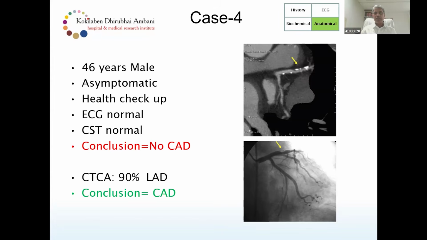So the diagnosis changed to severe coronary artery disease, and he had to undergo a revascularization procedure. So the anatomical component, when added to the information of history, ECG, and biochemical information, totally changes the diagnosis.